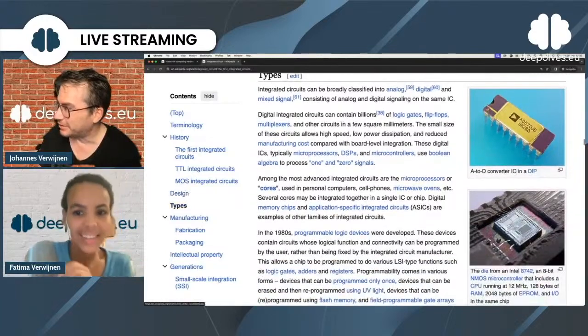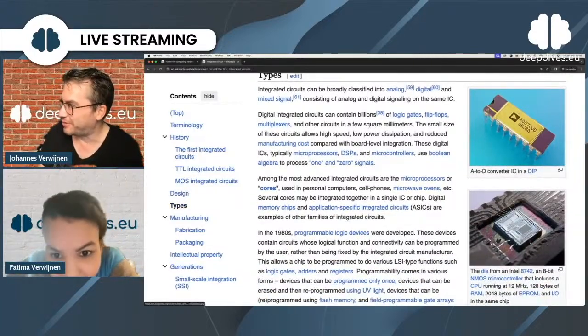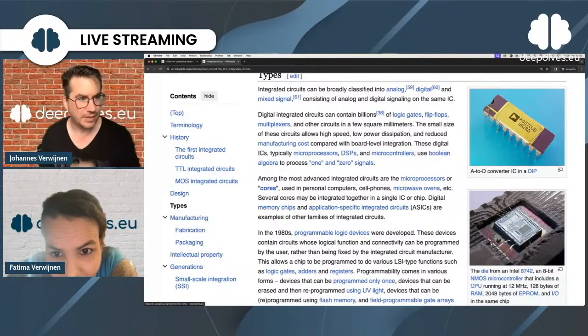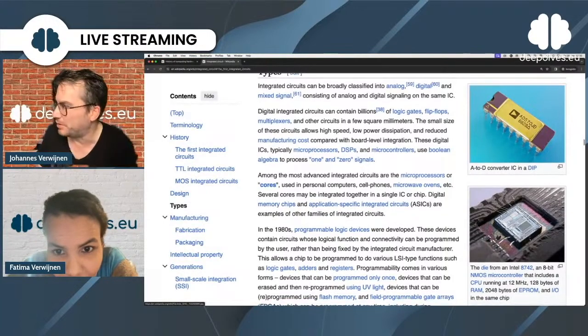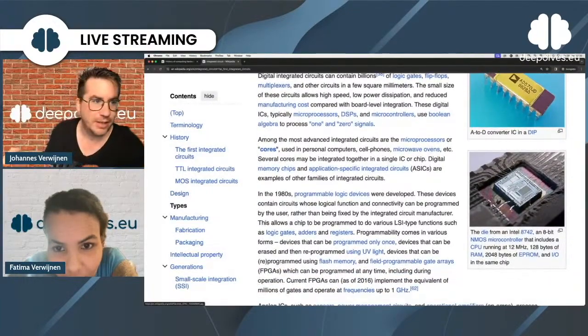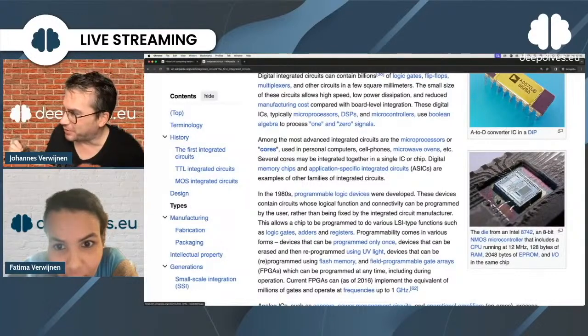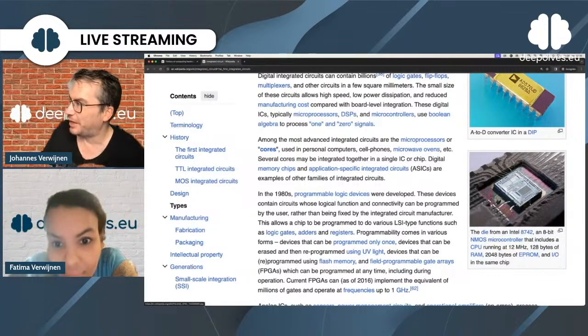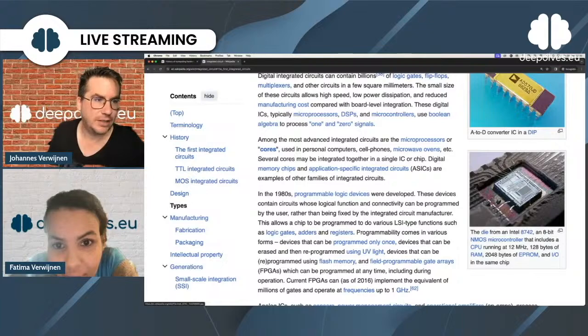Inside that casing there's a much smaller die, depending on the chip, millimeters by millimeters. As an example, here we have one die that, besides having 128 bytes of RAM and 2 kilobytes of EPROM, also has a CPU on it and some input-output functionality.